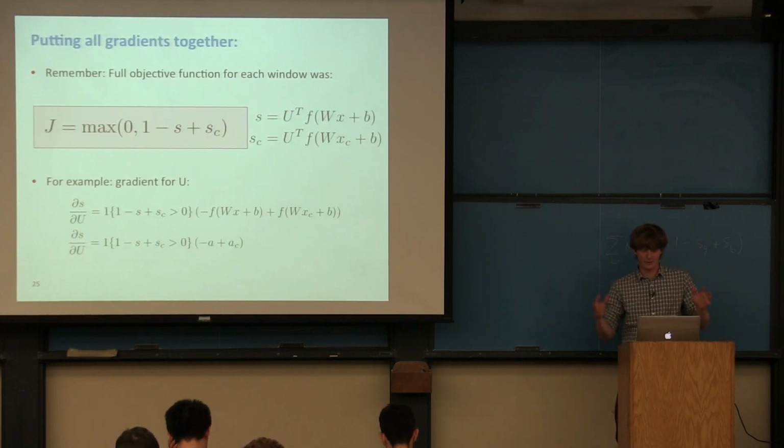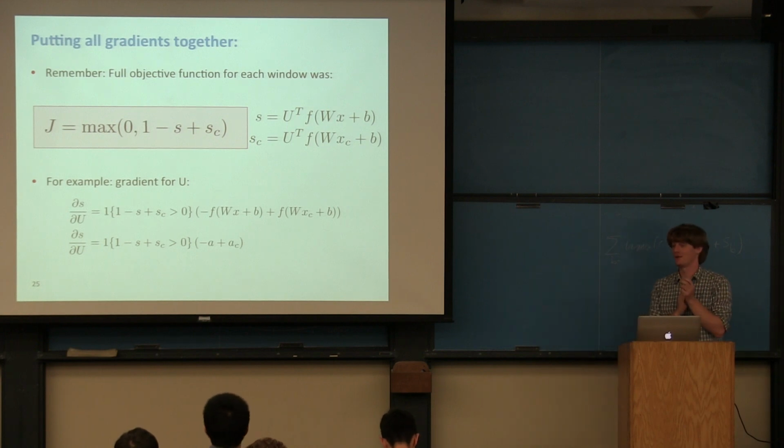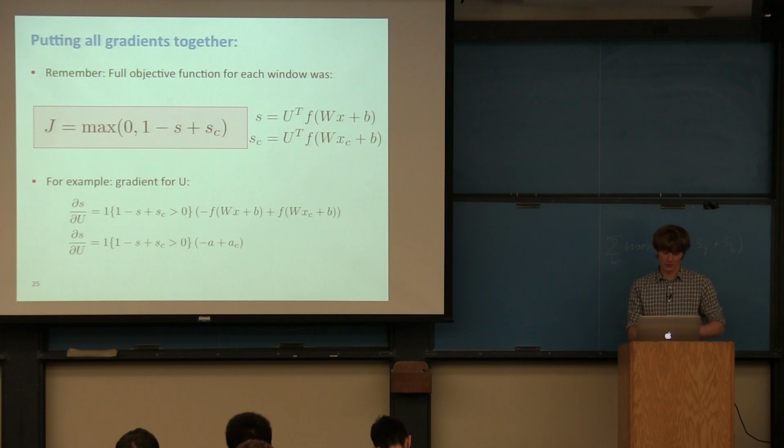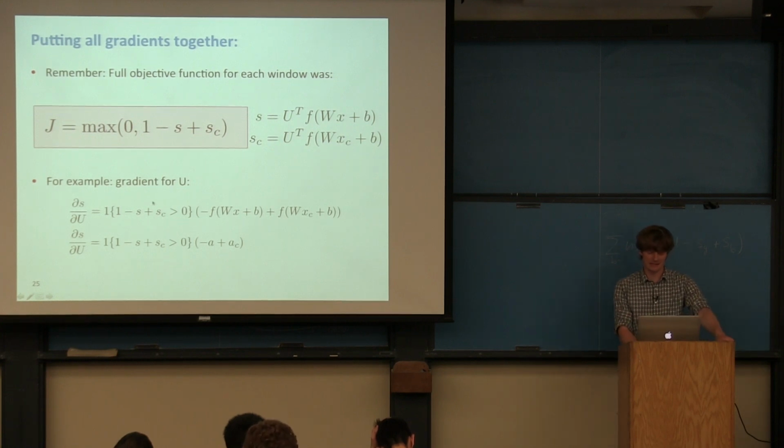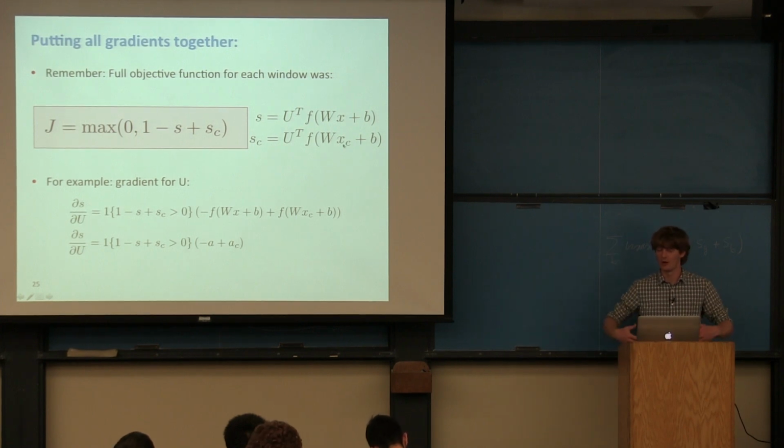All right, so now let's put this all together, and then we can move on to a deeper neural network. So we had here our full objective function for a single window, and we can now write down all the gradients with respect to this objective function. One important step here is that we first check in the forward propagation: we take our window and the corrupted window, we forward propagate them, and we compute the scores.